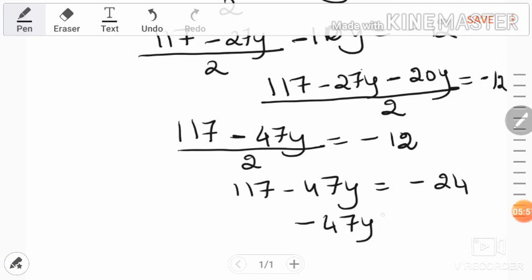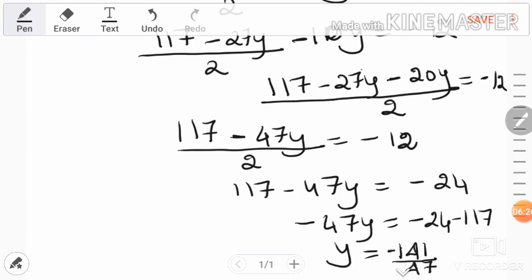Taking the constant terms to the right hand side, minus 24 minus 117. So y is equal to 141 divided by 47, and both have a negative sign. 47 times 3 is 141. So we have got the value of y on solving this equation.